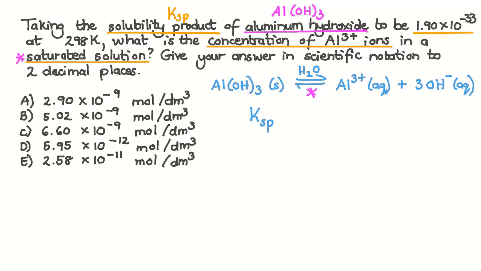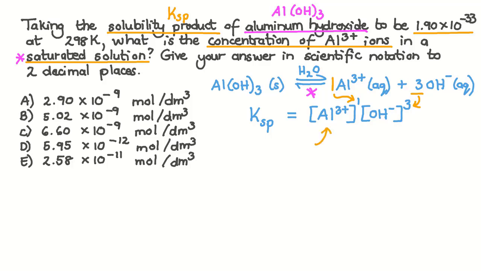KSP, or the solubility product constant, is equal to the molar concentration of the products multiplied with each other. So we can write both ions in square brackets. Now the stoichiometric coefficient of Al3+ is 1, and so we raise the concentration of Al3+ to the power of 1. And the stoichiometric coefficient of the hydroxide ion is 3, so we raise the concentration of the hydroxide ion to a power of 3.